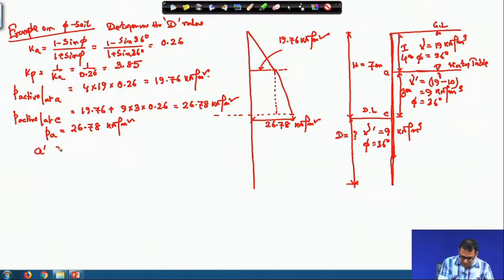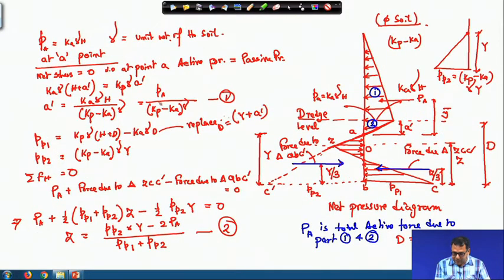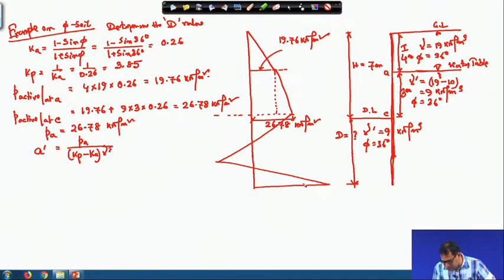This is equation number 1. A dash is Pa divided by Kp minus Ka into gamma. Here gamma will be gamma dash, because A dash is below the water table, so I will consider gamma dash. My net earth pressure distribution will be like this, as I have already explained.